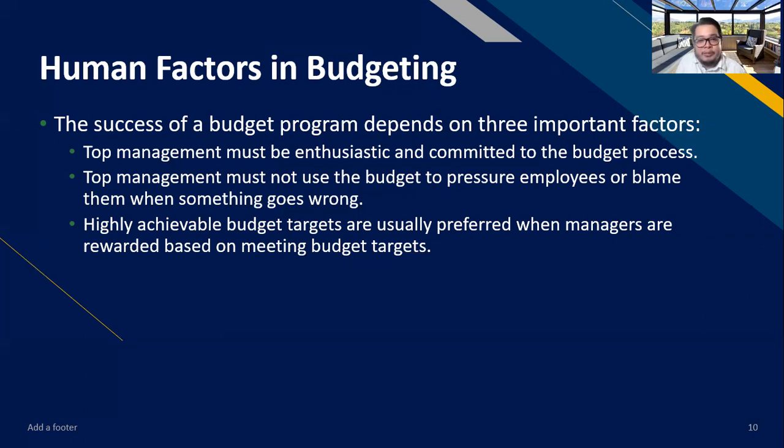And you should not be pressuring employees na habulin yung budget pre-COVID, no? Because circumstances changed already. It's not a realistic budget anymore. So top management must be able to be flexible and understanding of that. Lastly, highly achievable budget targets are usually preferred when managers are rewarded based on meeting budget targets.